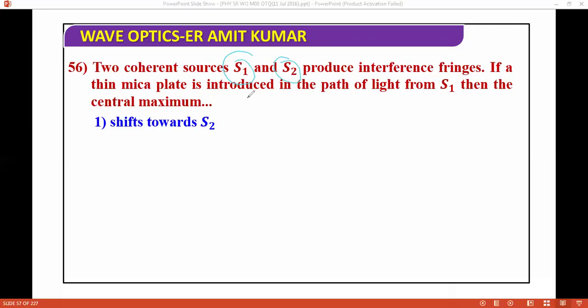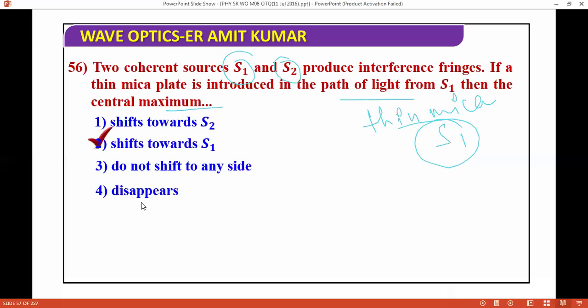If a thin mica plate is introduced in the path of the light from S1, then the central maximum will shift towards S1. Because the mica is introduced in the path of light from S1, if you put the mica in front of S1, it will shift towards S1. So take care of this concept.